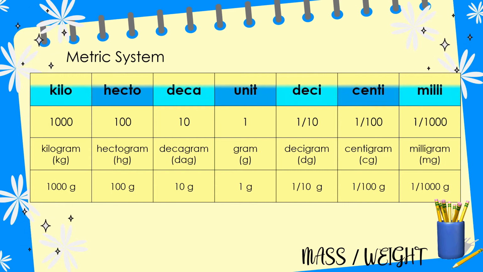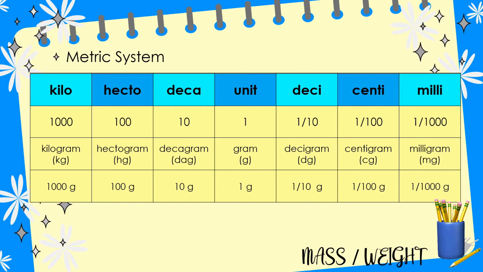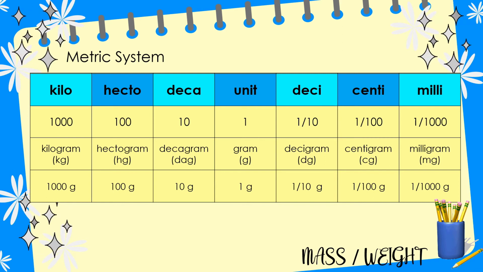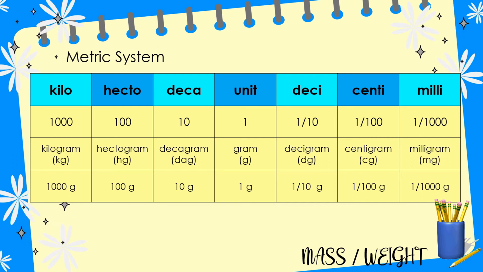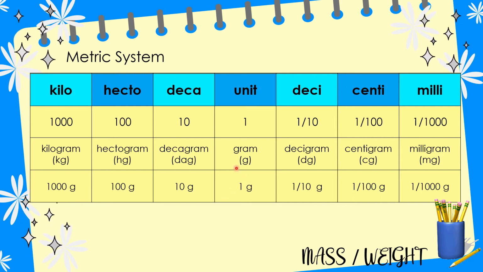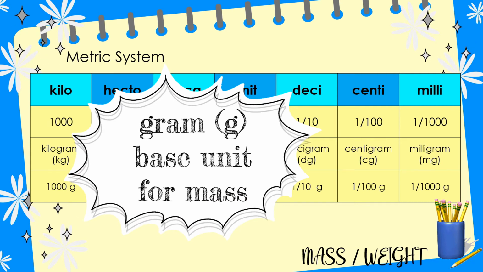They are the kilo, hecto, deca, deci, centi, and milli. If you will notice, they are almost alike. But the only difference was the base unit. The base unit for mass is gram.